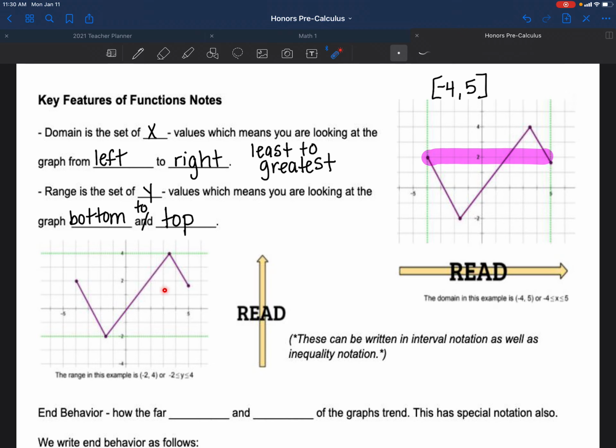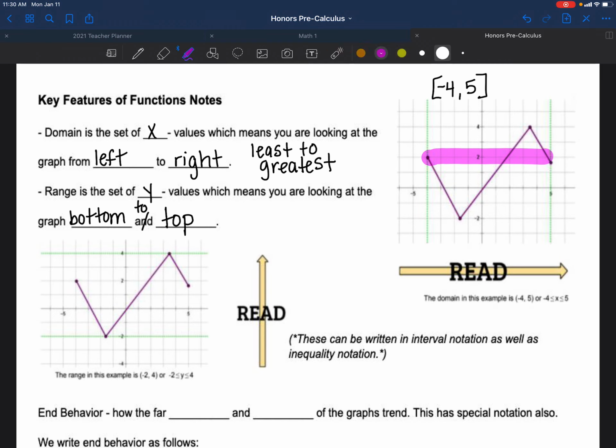We can repeat y values. So we do have multiple spots where we have y values included, but it doesn't stop until we get to +4. So our y values are from -2 to +4 in that range. So we're going to do a closed bracket from -2 to +4.